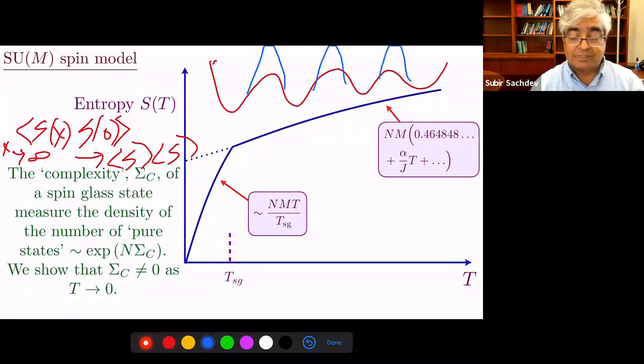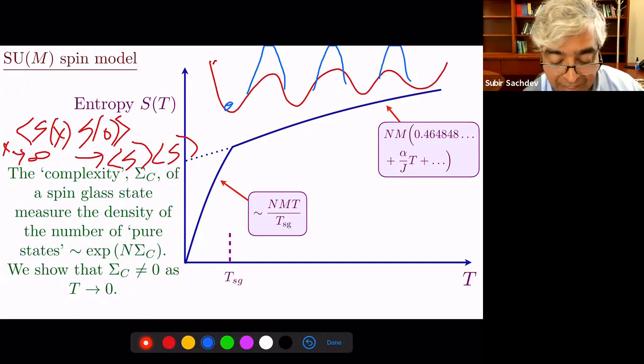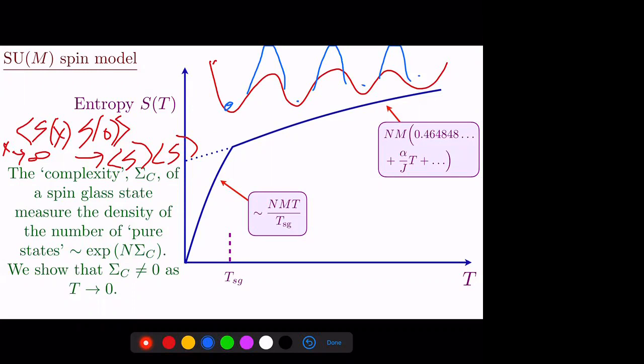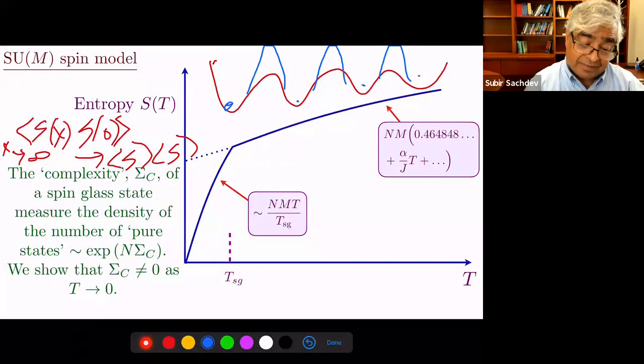If you pick a pure state, say you sit here, this is like picking all up spins in the ferromagnet. You will never ever go to any of those, because the n goes to infinity limit, the thermodynamic limit, has been taken, so that you freeze into one of these valleys. To understand the number of pure states, you have to go beyond the thermodynamic limit. And the complexity then measures how many of these minima you have.